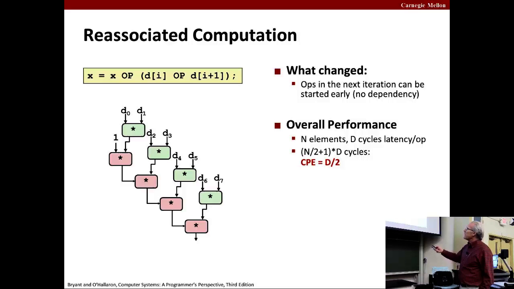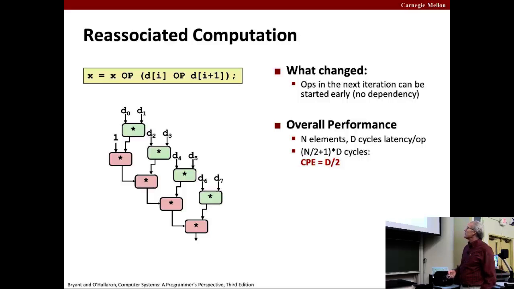And you can see now that this critical path, which is what determines the performance limitation in this case, just got shorter by a factor of 2. That's why I'm now running twice as fast. Not for integer addition, but for the other 3 operations, I've cut the time by a factor of 2 just by that shift.